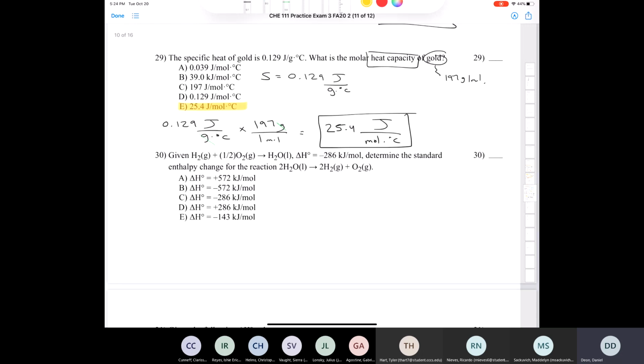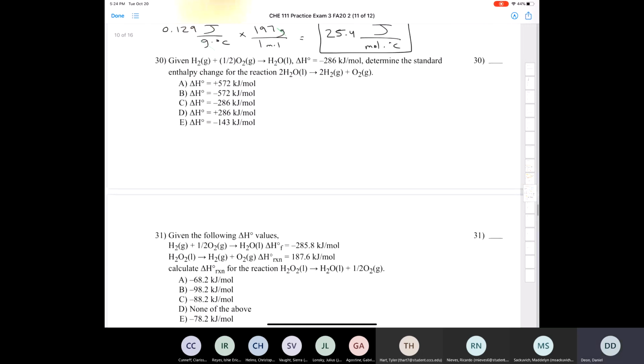Number 30. Given hydrogen plus 1/2 mole of oxygen gives you water, and it gives you the change in enthalpy for this reaction as negative 286 kilojoules per mole. Determine the standard enthalpy change for the reaction shown here. In this reaction, we're taking 2 moles of water, and it's decomposing into 2 moles of hydrogen plus 1 mole of oxygen.